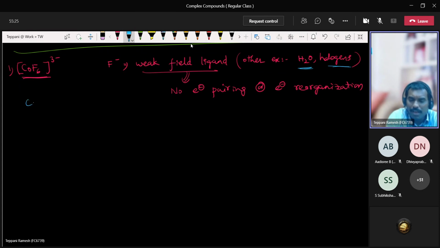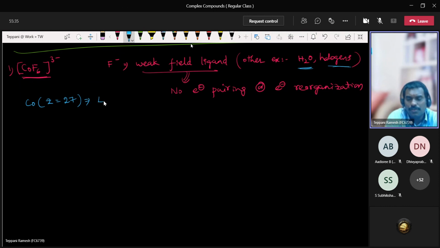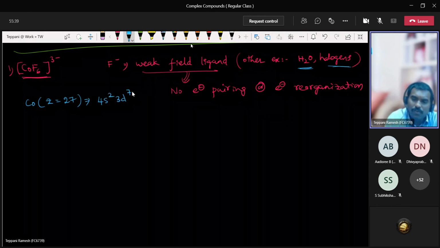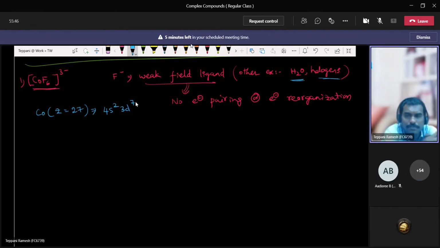Then here, cobalt Z value, you know what the Z value is? 27. So the configuration is 4s2 3d7. 4s2 3d7, which is the outermost shell here. Fourth or third?